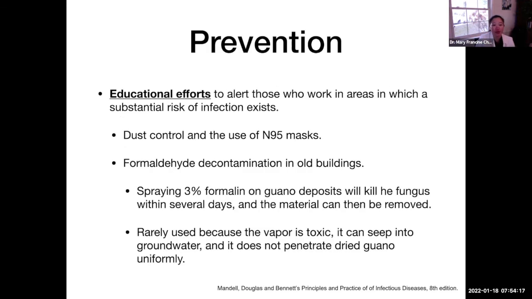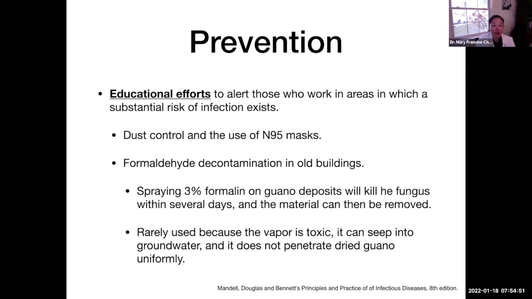Another way to prevent is through educational efforts aimed at those who work in areas in which a substantial risk of infection exists. Say you have people who work in rehabilitating buildings that used to house bats or birds, then you must educate them to practice dust control and use N95 masks when working.